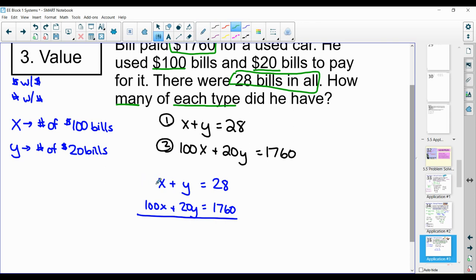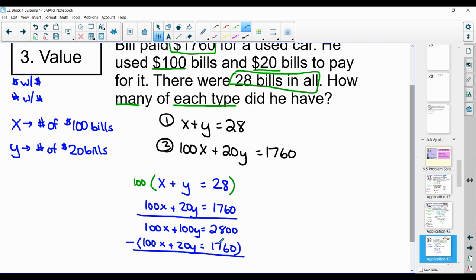All right, so solving using elimination, I'm going to multiply my first equation by 100 because I'm going to try to eliminate my x's. So multiplying by 100, that gives me 100x plus 100y equals 2,800. And my other equation was 100x plus 20y equals 1,760.